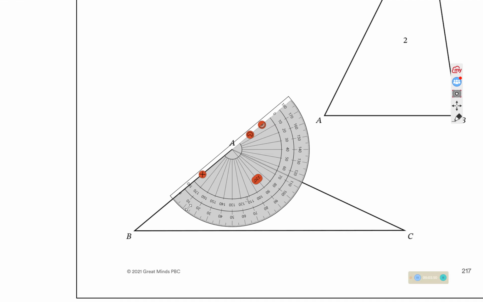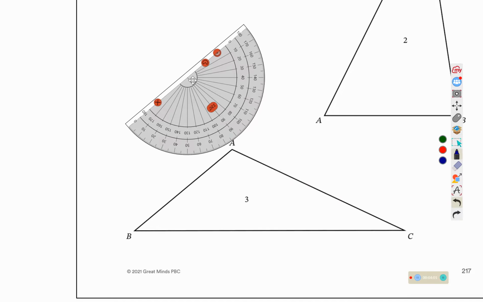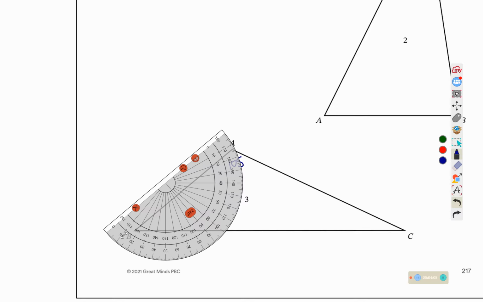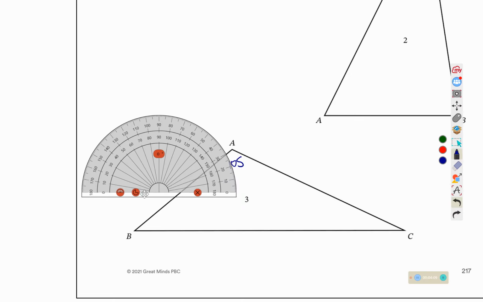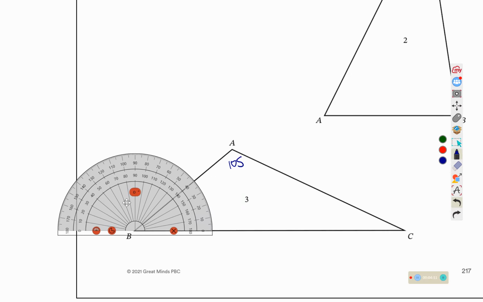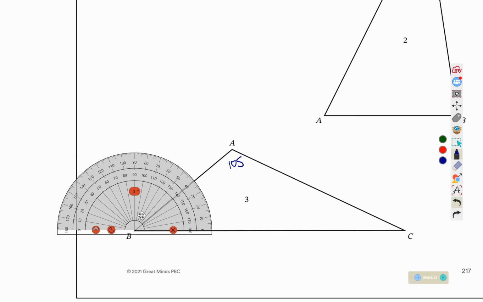For angle A, 10, 20, 30, 40, 50, 60, 70, 80, 90, 110, 105. B appears to be 40.